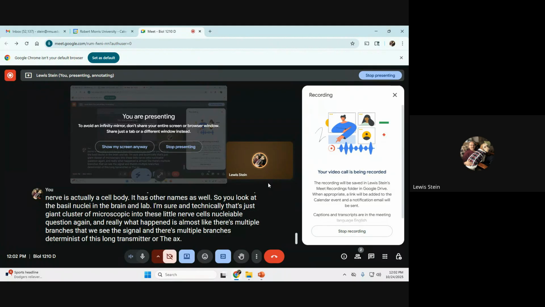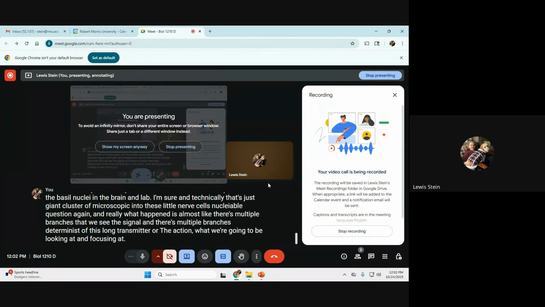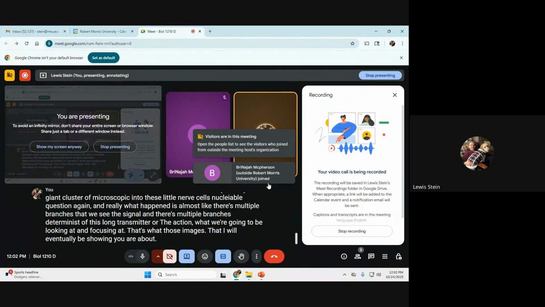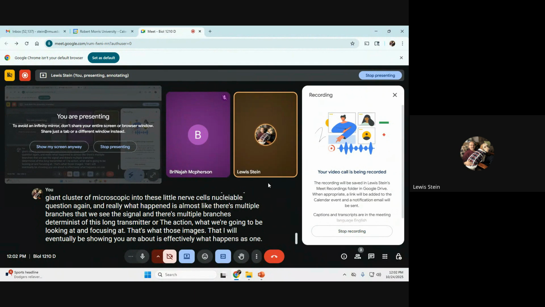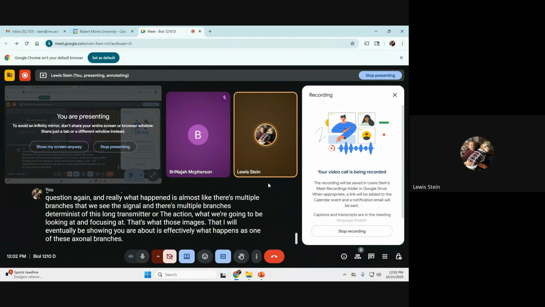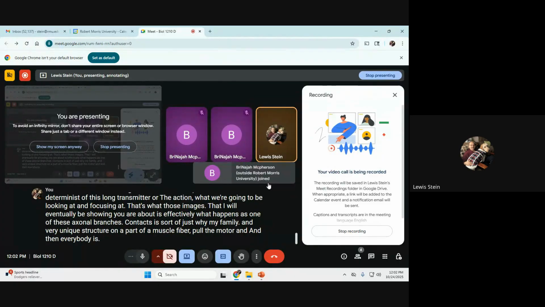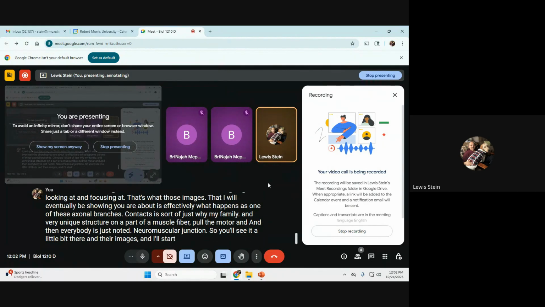What we're going to be focusing on, and what those images I will eventually show you are about, is what happens as one of these axonal branches contacts a very unique structure on a part of a muscle fiber called the motor endpoint. And that, everybody, is known as the neuromuscular junction.